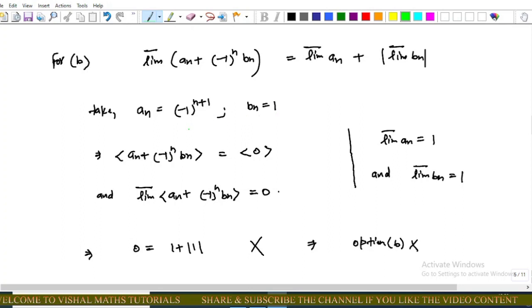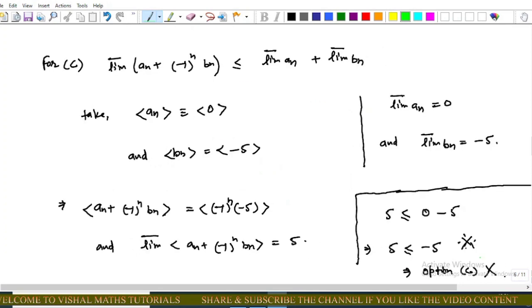Now using these two sequences, the sequence a_n plus (-1)^n b_n converges to a null sequence, and we know that the limit superior of a null sequence is 0, and the limit superior of a_n is equal to 1 and the limit superior of b_n is equal to 1. Now putting these values in the given option's inequality, that is 0 equals 1 plus modulus 1. This implies that 0 is equal to 2, which is impossible. This implies that option B is incorrect.